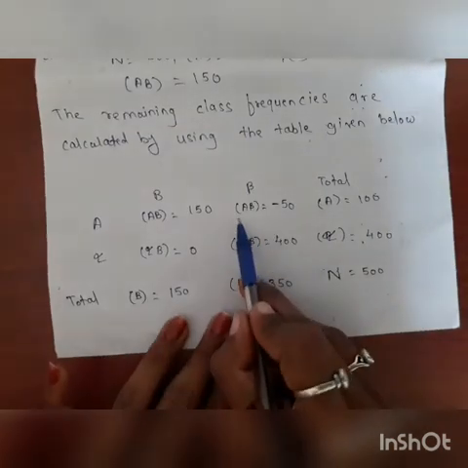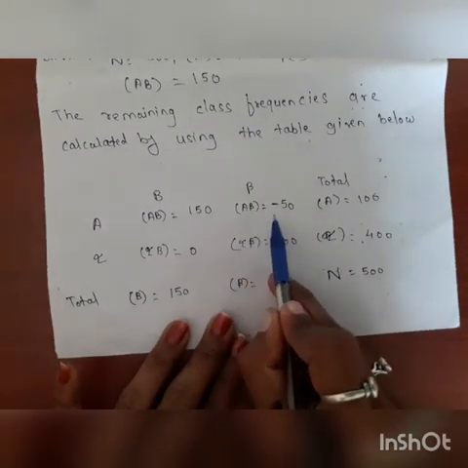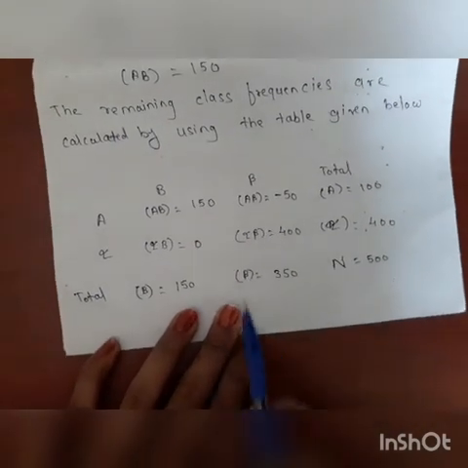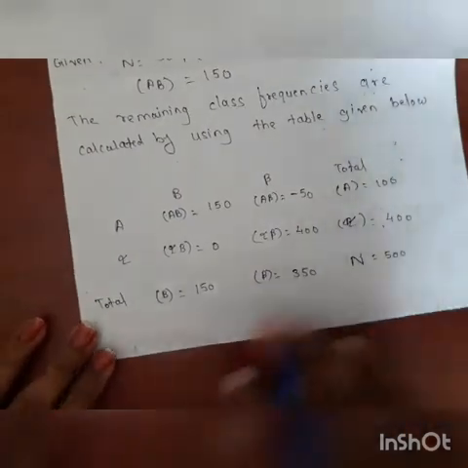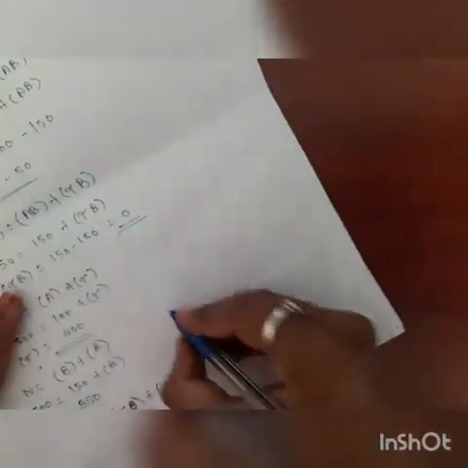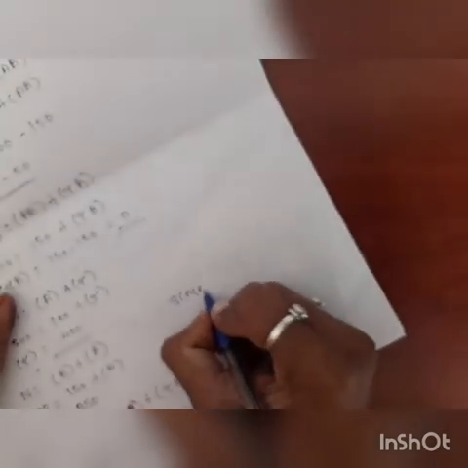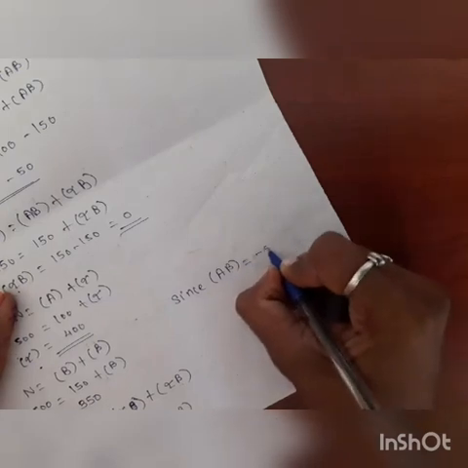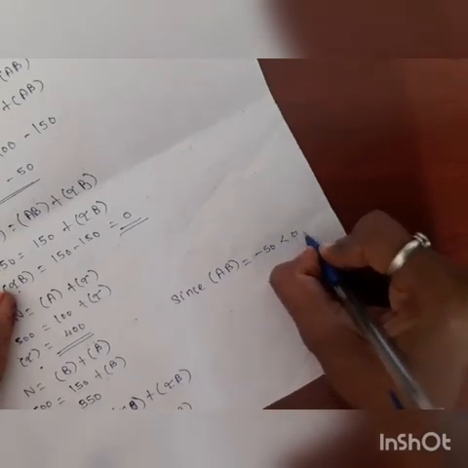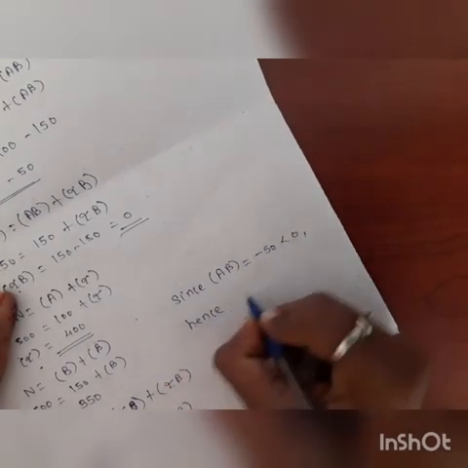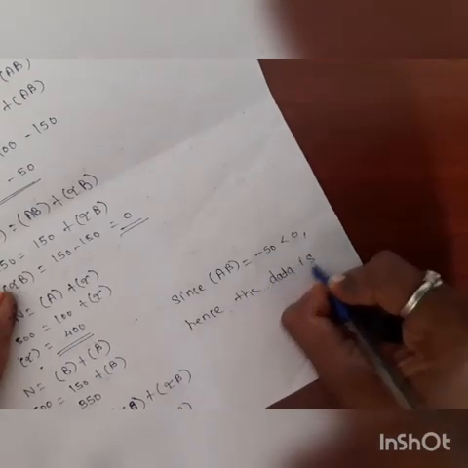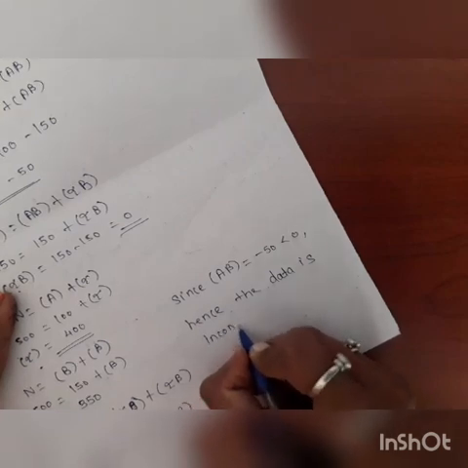Here (Aβ) is minus 50, that is less than 0, so this information is inconsistent. Since (Aβ) is equal to minus 50, which is less than 0, hence the data is inconsistent.